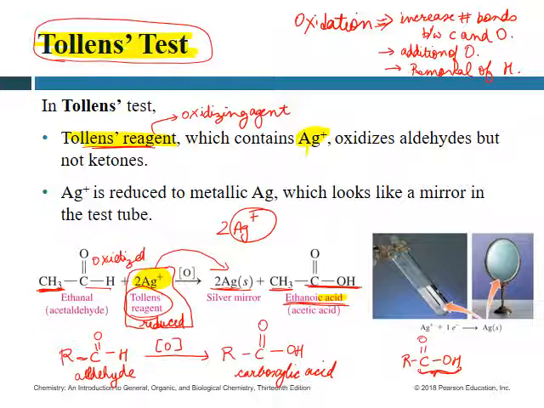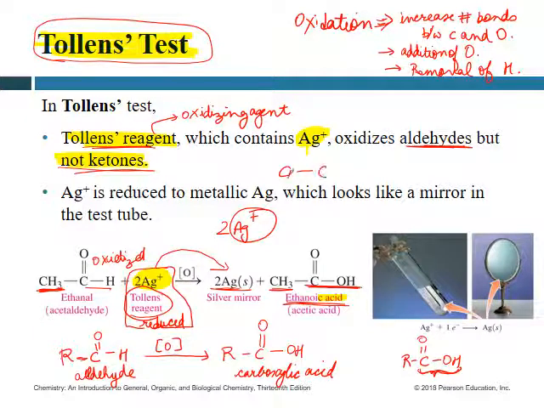But this reagent can only oxidize aldehydes. It cannot oxidize ketones. This is very crucial. Ketones cannot be oxidized. Why can't we do this with ketone? Because a ketone would consist of carbon.